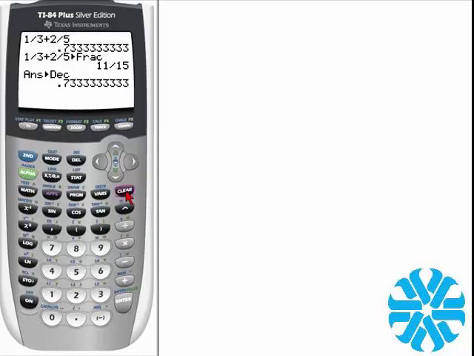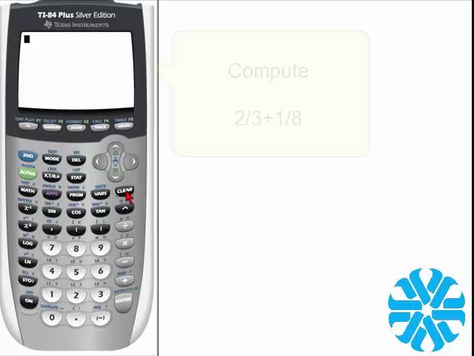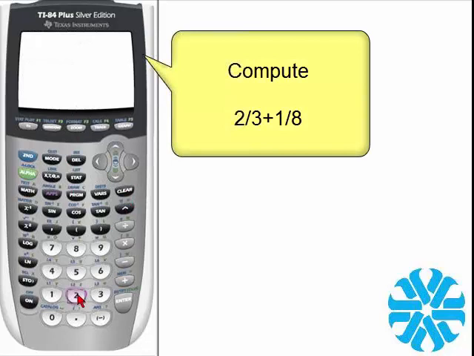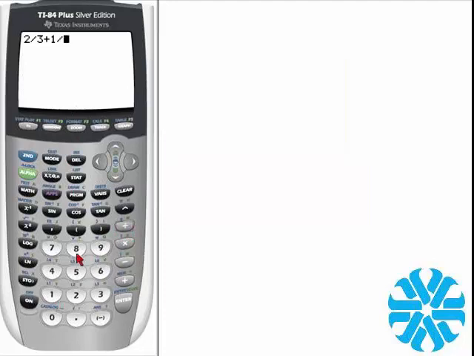So let's clear the screen and let's look at another example. So let's take 2/3 plus 1/8. And we want to put this in fractional form. So what we need to do is go to the Math button, select number 1, and then hit enter.